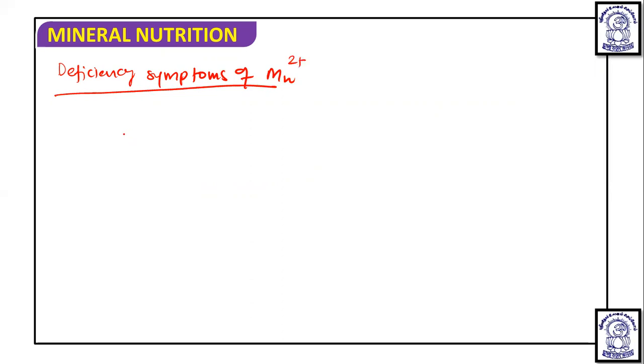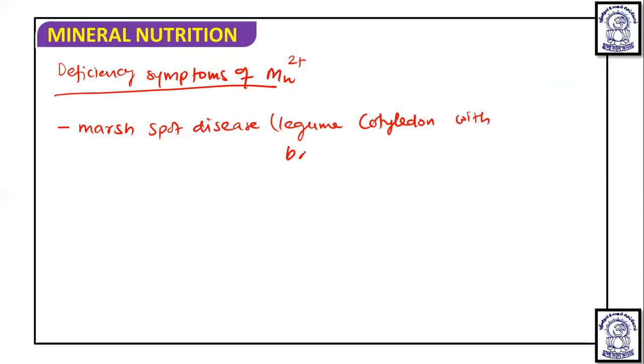the deficiency symptoms of manganese include marsh spot disease, where legume cotyledons with brownish spots are found, and the flowers become sterile.